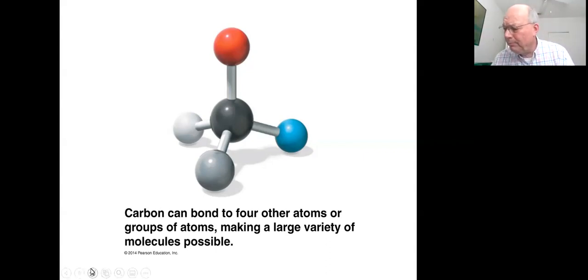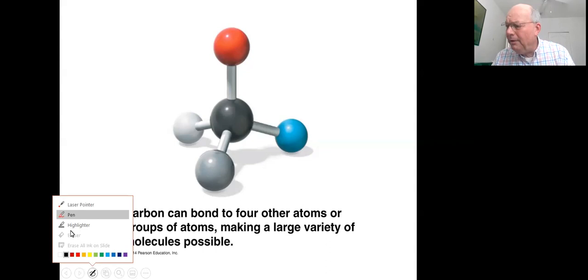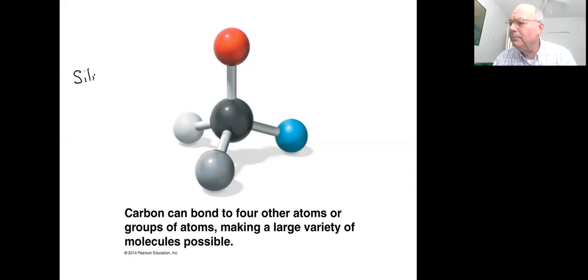So we fire up the pen. So silicon, symbol Si, also has 4 electrons in its valence shell. So arguably, it ought to be able to form 4 covalent bonds, just like carbon, and it does.